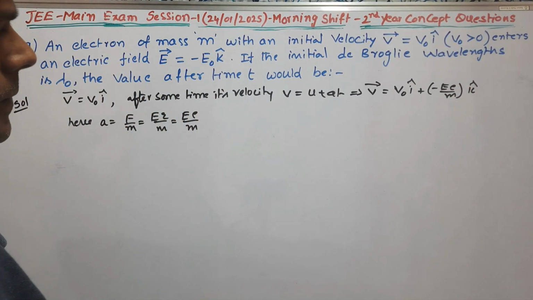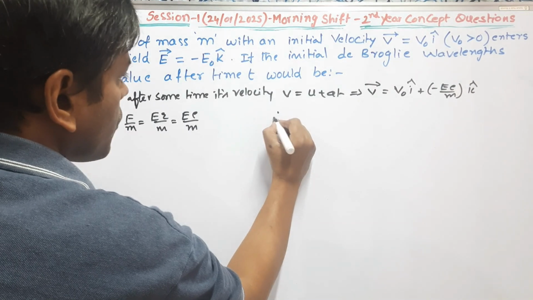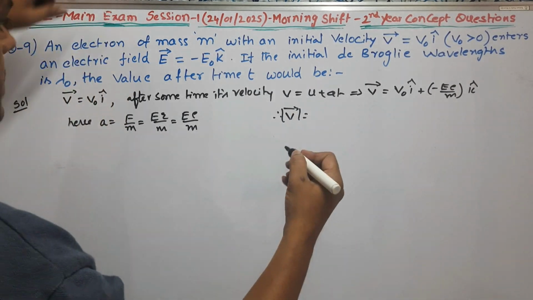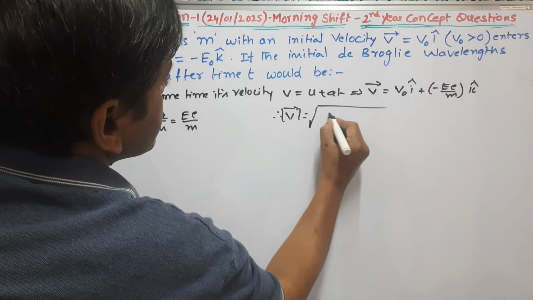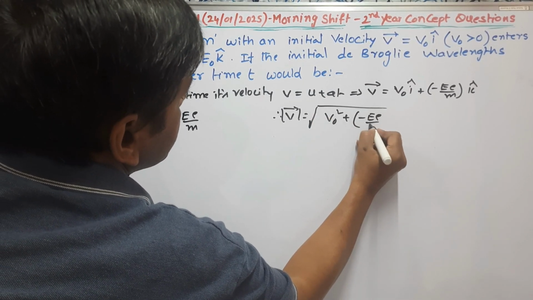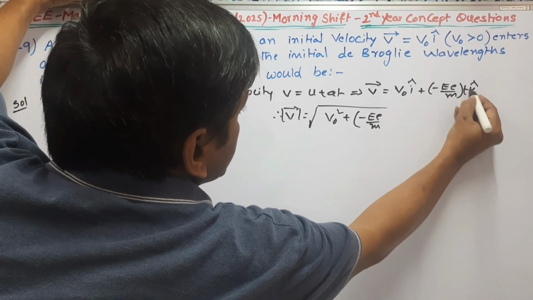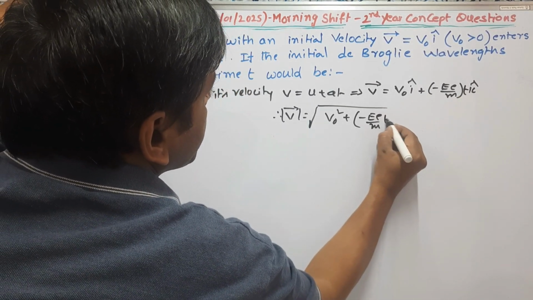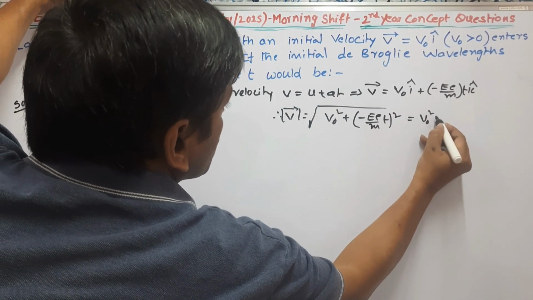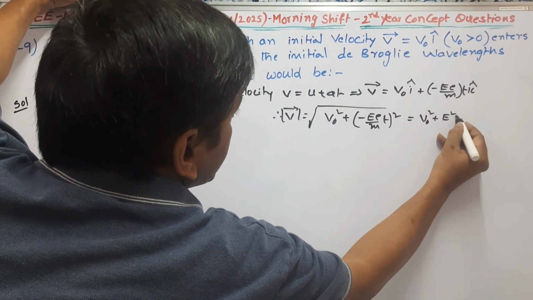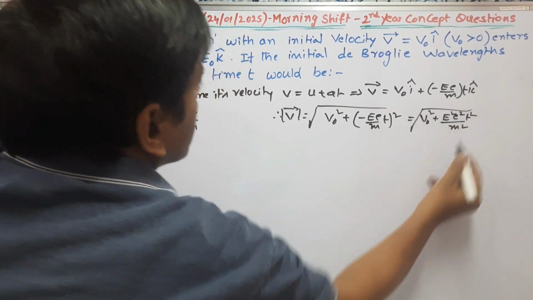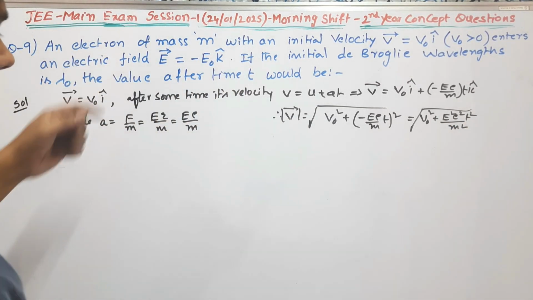Therefore, the magnitude of velocity after some time is v naught square plus (E by m into t) whole square, which is equal to v naught square plus E square t square by m square. This is the velocity after some time.